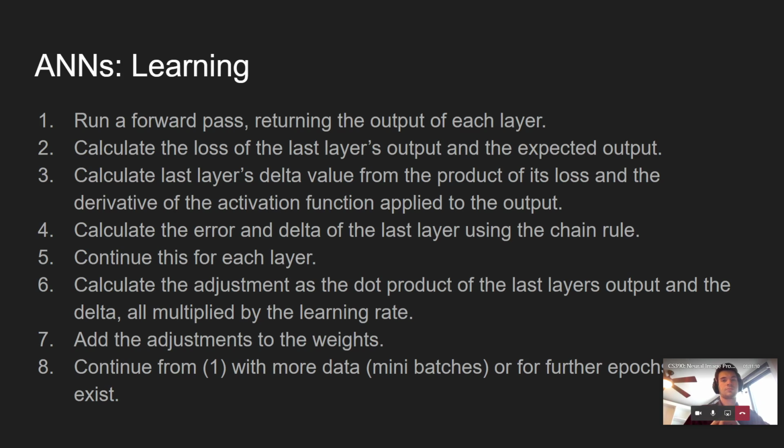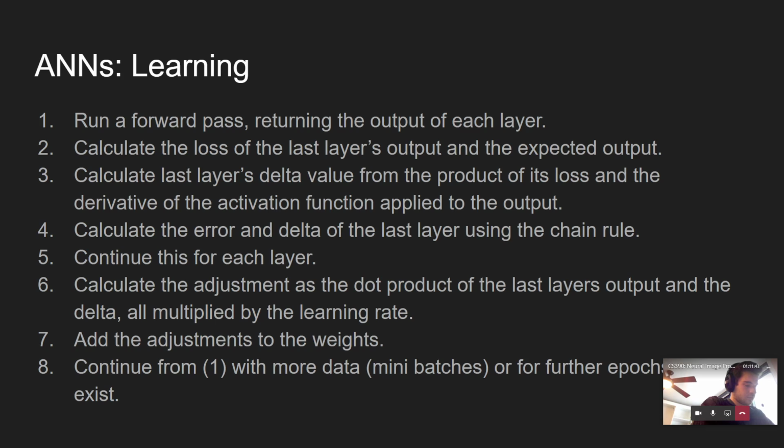We're going to calculate the last layer's delta value, from its loss and the derivative of the activation function. We're going to calculate the error and delta of the previous layer before that using the chain rule, and we're going to continue doing that until we get to the last layer, or in this case, the first layer. Remember, this is back propagation, so we're going from this side to this side.